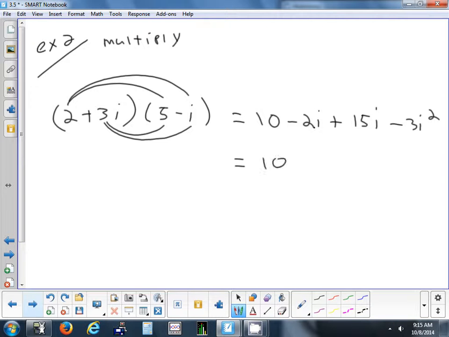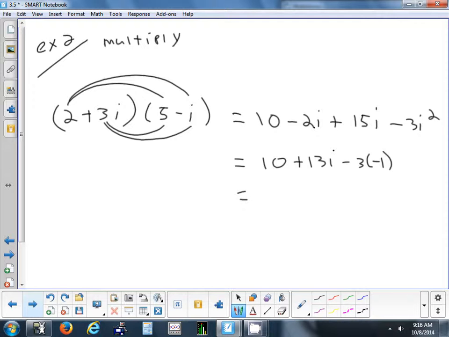Combine your like terms. Okay, negative 2i plus 15i. Josh, what will that be? 13i. And what about negative 3i squared? What happens there? So negative 3, it's just negative 3, but i squared is negative 1. So negative 3 times negative 1 is 3. So you're left with positive 3.